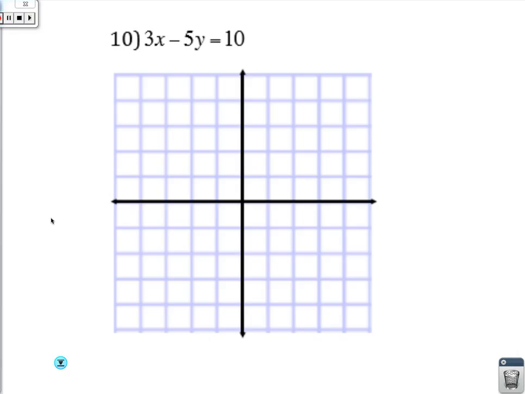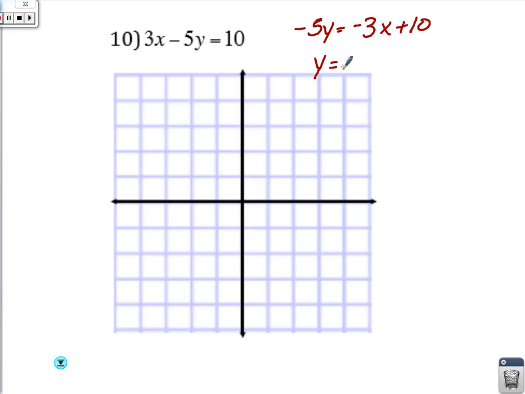Alex, I want y by itself. Before I can graph this, before it's in slope-intercept form, y must be by itself. What do I do first to get y by itself? So I now have negative 5y equals negative 3x plus 10, and I divide by what? Negative 5. So now I have y equals, I don't know if I can divide that. You can't, can you?